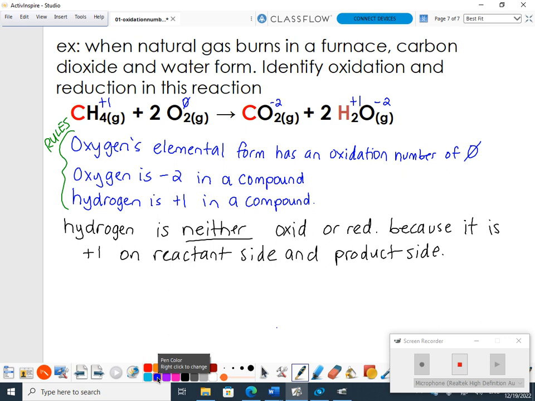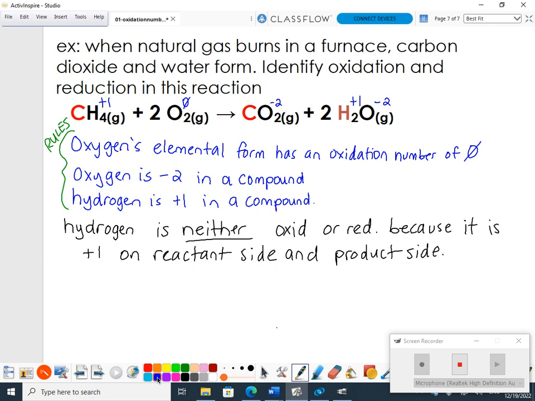It doesn't really matter if you analyze oxygen first or solve for the carbon first. Maybe you could think about oxygen first and then check carbon to check your answer, because if we decide that oxidation occurs with oxygen, then reduction has to be with carbon, or vice versa.